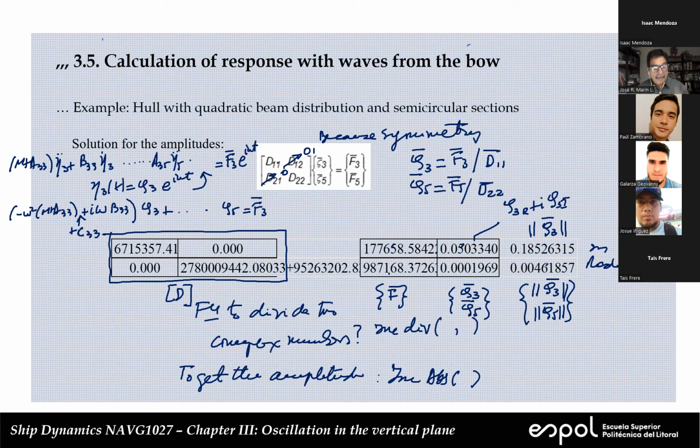Now for the excitation force, in this case, when we receive waves from the bow, in general we expect the Froude-Krylov component to be much, much larger than the diffraction coefficient. Also, you can divide this term by rho g, the area of the water plane, and multiply by the wave amplitude.